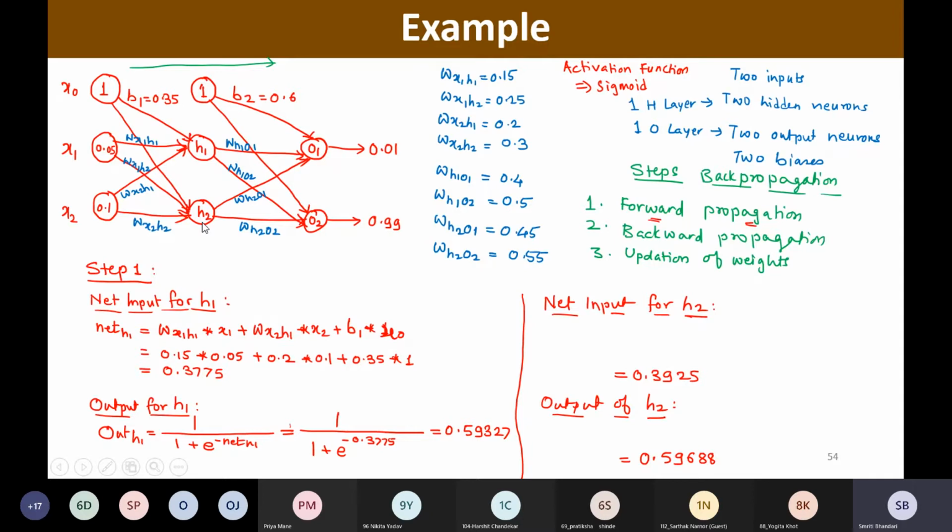And that is why, for the error that we have computed at the output layer, the error of the previous layer is actually contributing to the error at the output layer.